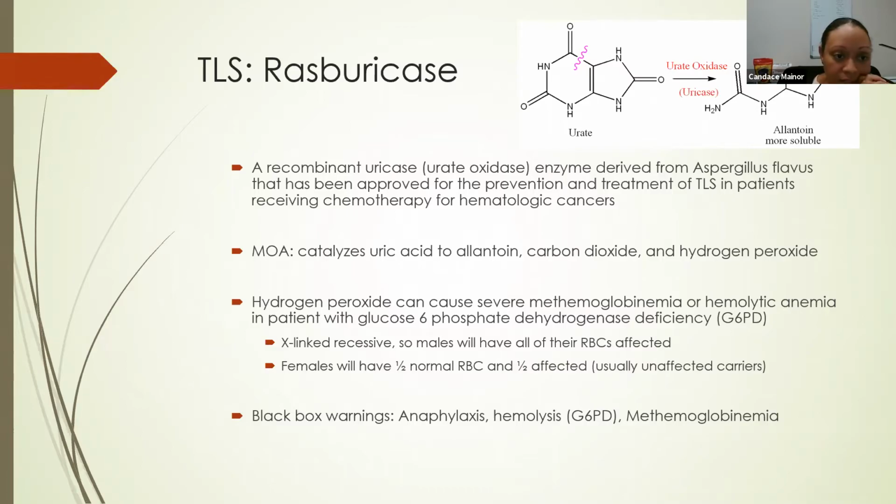If you look directly at the respiricase label, there is a black box warning as it relates to the G6PD deficiency for respiricase causing hemolysis in those patients and the risk of anaphylaxis. But with anything, it's risk-benefit for ensuring that we're treating the tumor lysis syndrome.